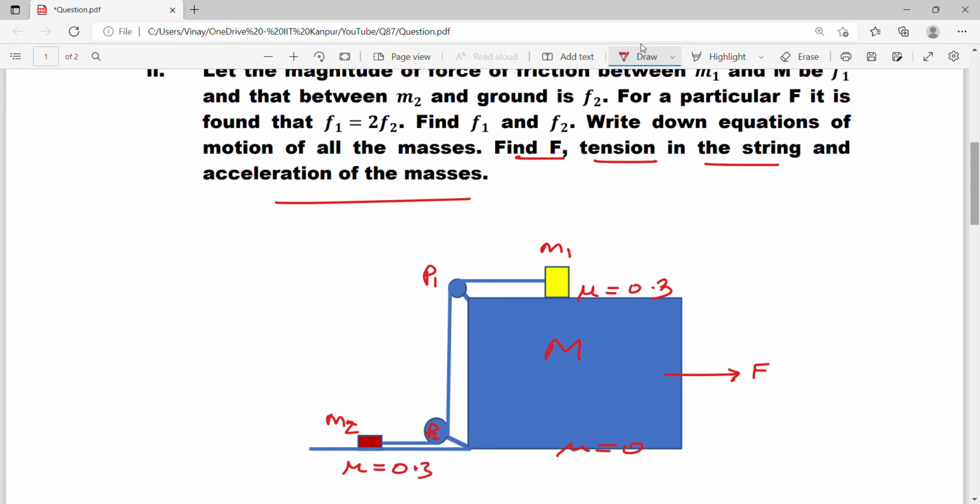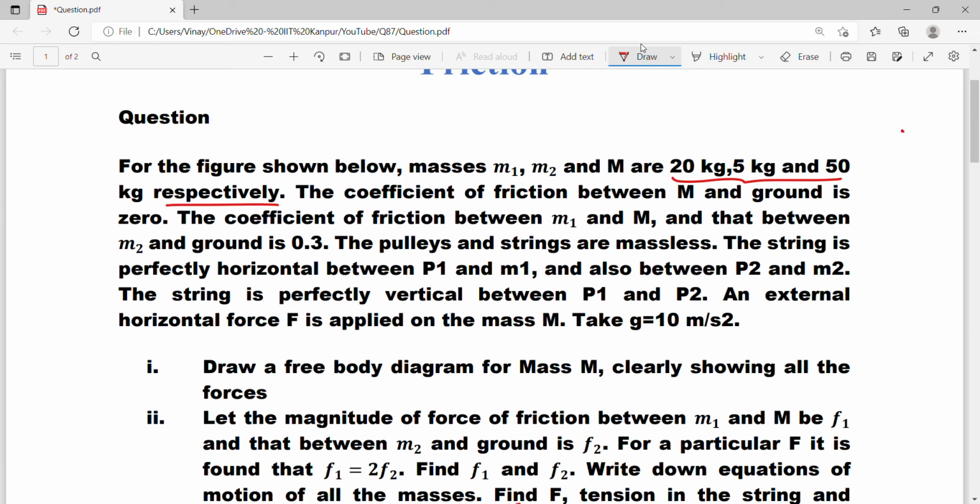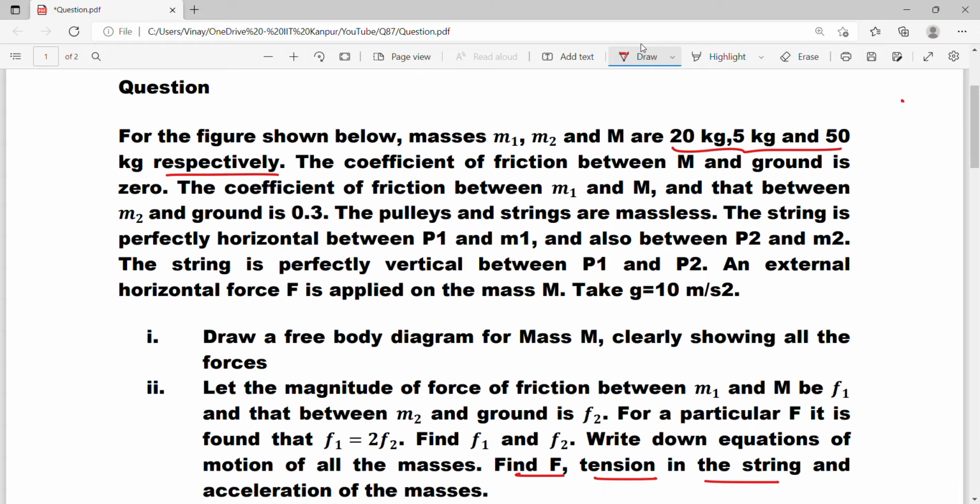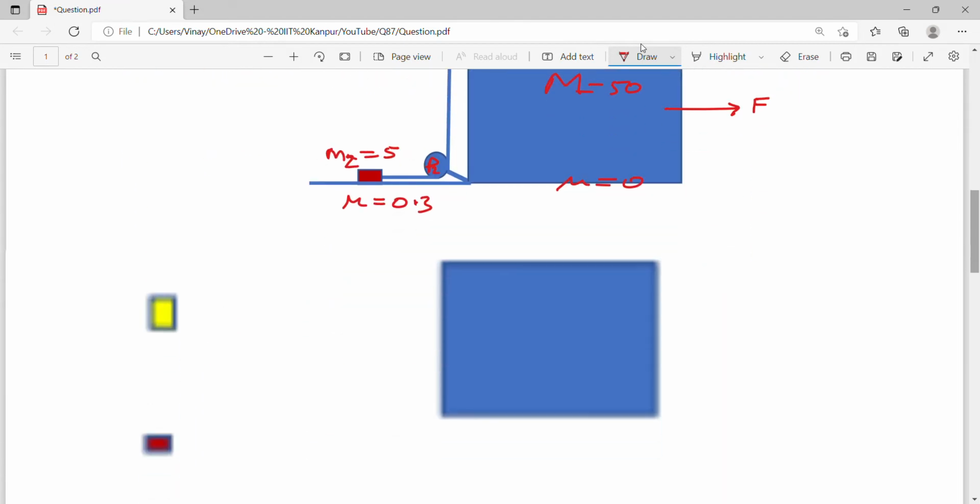So let me write these values here. Capital M is 50, M1 is 20, I think, I'll check again, and this is 5, all in SI units.